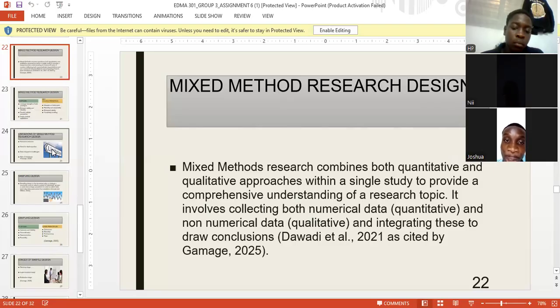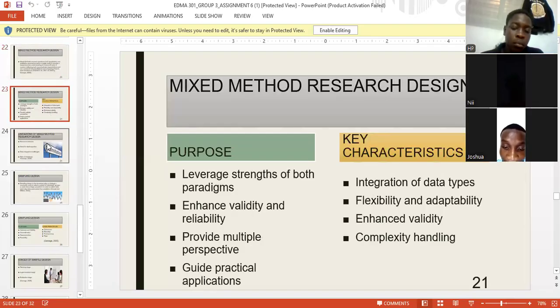It's based on the idea that you can get a complete picture by using numbers and narrations. Here it is flexible, it is practical, and it is also used for complex research questions.